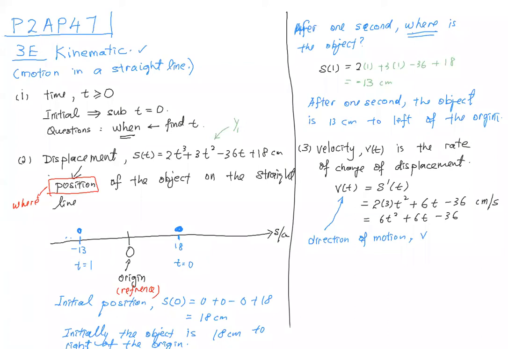If velocity is greater than 0, that means the particle is moving to the right. Nothing to do with the origin, it moves to the right. If velocity is less than 0, the particle is moving to the left.